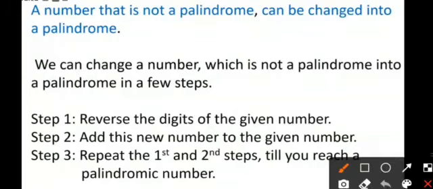First step, reverse the digits of the given number. Step 2, add this new number to the given number. Step 3, repeat the first and second steps till you reach a palindromic number, or till you get a special number.